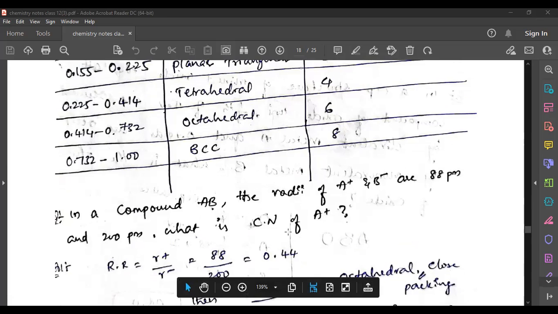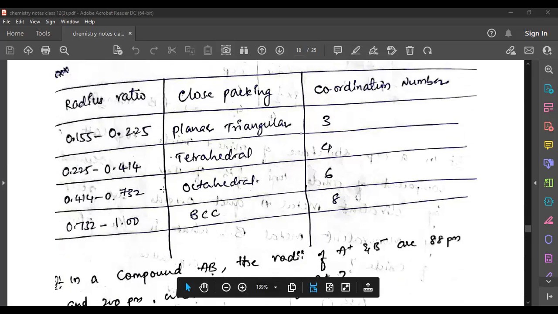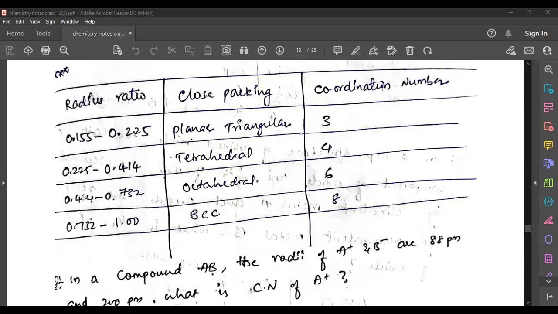Where does that 0.44 lie? 0.41 to 0.73. In between this, you'll get the 0.44. So what is the type of close packing? It is the octahedral, and the coordination number will be 6.